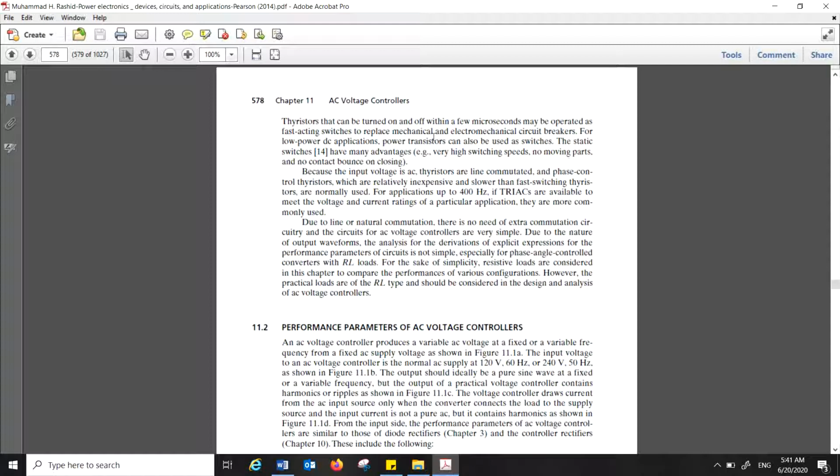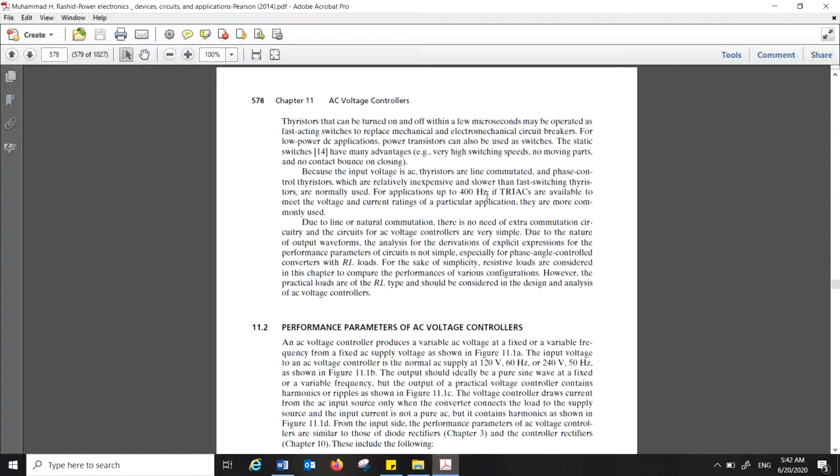For low power DC applications, power transfer can also be used, and static switches have advantages: very high switching speed, no moving parts, and no contact bounce on opening and closing. Actually, thyristors are devices which can be turned on and off on a microsecond scale, which is better than mechanical switches.